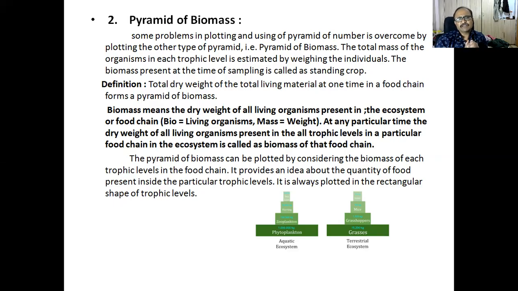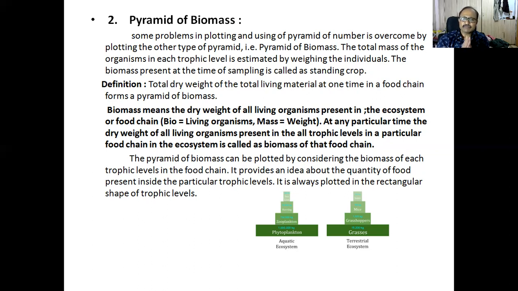Okay, this biomass means the dry weight of all living organisms present in the ecosystem of food chain. Bio means living organisms and mass means the weight. At any particular time, the dry weight of all living organisms present in all trophic levels in a particular food chain of ecosystem is called as biomass of the food chain.